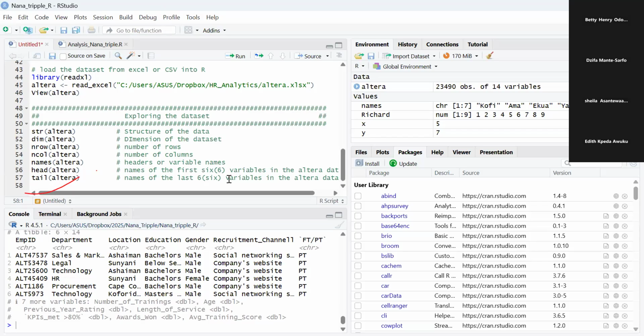Any question, please? No, Prof. Okay. Now, we have explored the data. Whilst exploring the data, I want us to look at what I told you about.